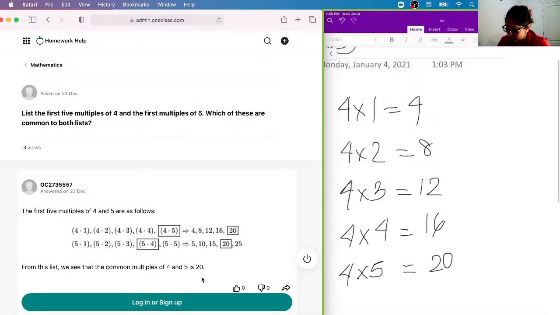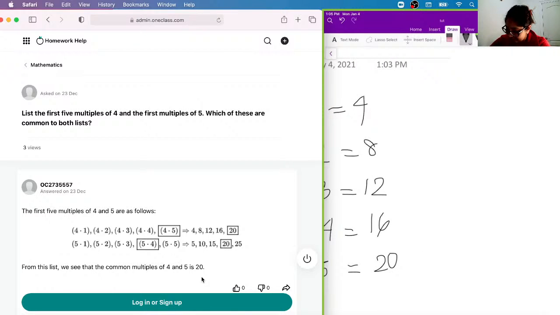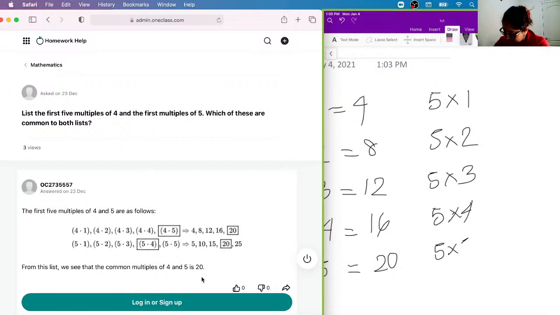And over here, if we do 5, 5 times 1, 5 times 2, 5 times 3, 5 times 4, and 5 times 5, we have 5, 10, 15, 20, and 25.